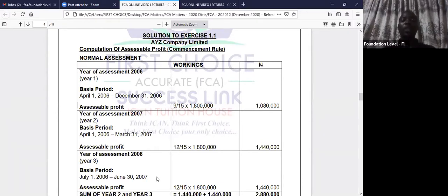The right of election states that the taxpayer has the right to demand that the FIRS or the LIRS or any tax authority that has the authority to tax either the sole proprietor or the company, they have the right to ask them to assess the second year and the third year on actual year basis.